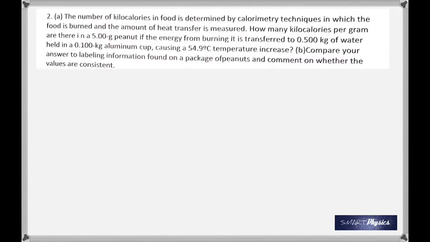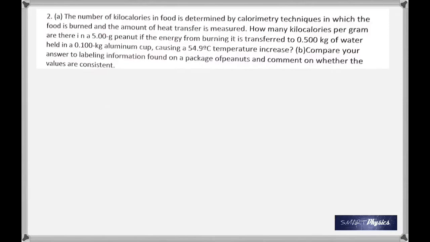Okay, that takes us to the second question. Food packets are always labeled in calories, but remember that it's actually kilocalories. And it's found by calorimetry techniques, in which the food is burned and the amount of heat transfer is measured.